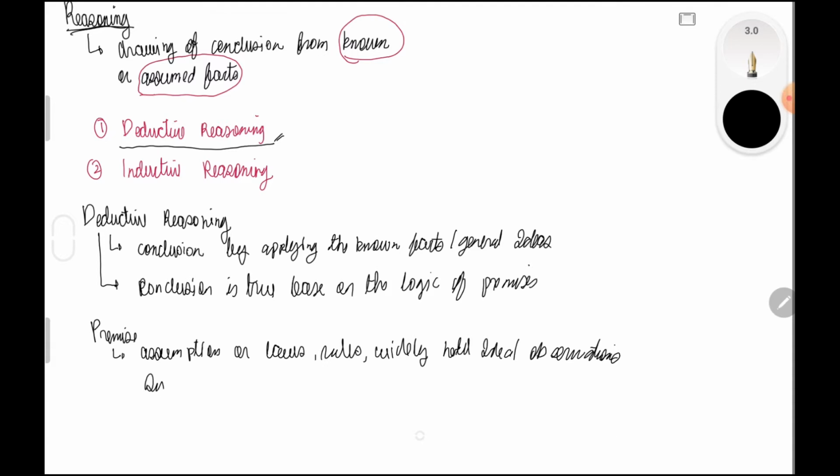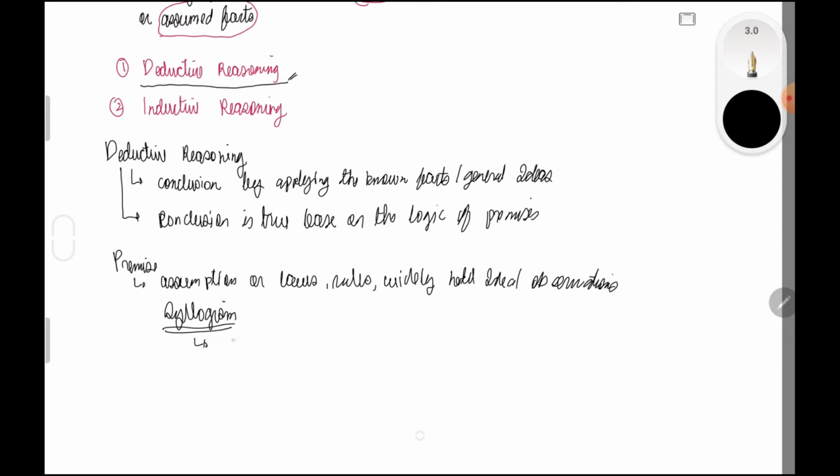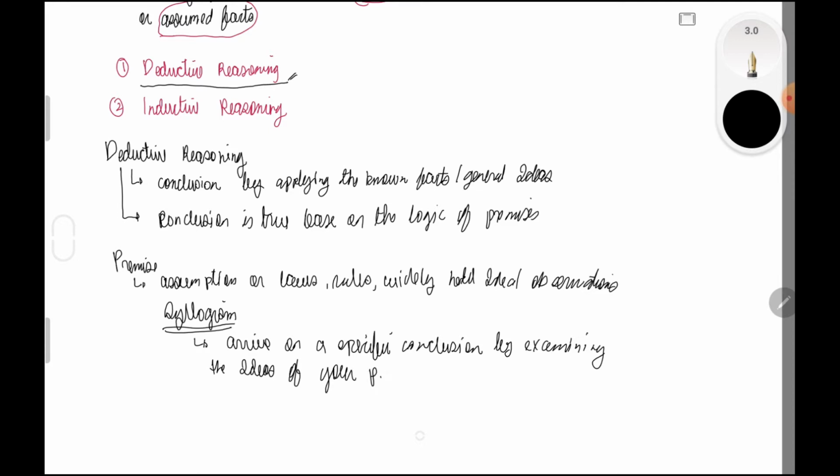Syllogism is ito yung deductive reasoning where you arrive at a specific conclusion by examining the ideas of your premises.